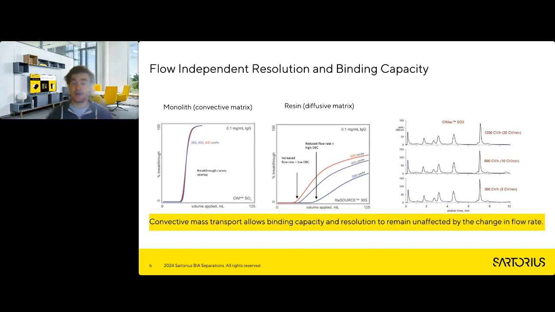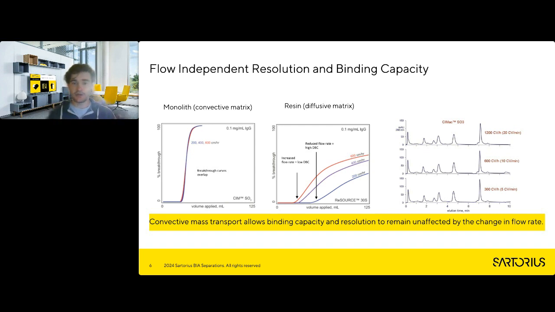Here we have an example of a test between a monolith and a standard porous particle. We tried a column format with 3 different flow rates, loading the target molecule on the monolith, and at all 3 flow rates, the breakthrough curve came out at the same time.